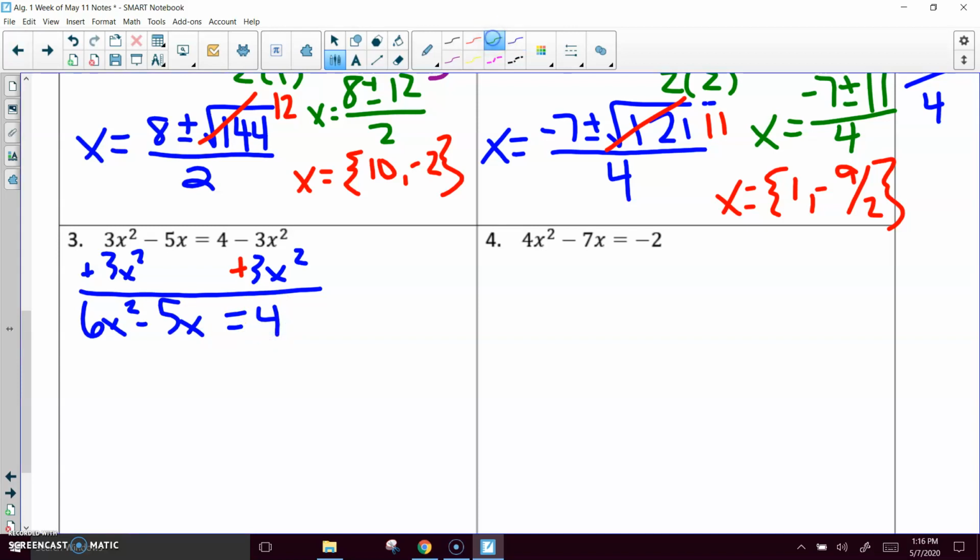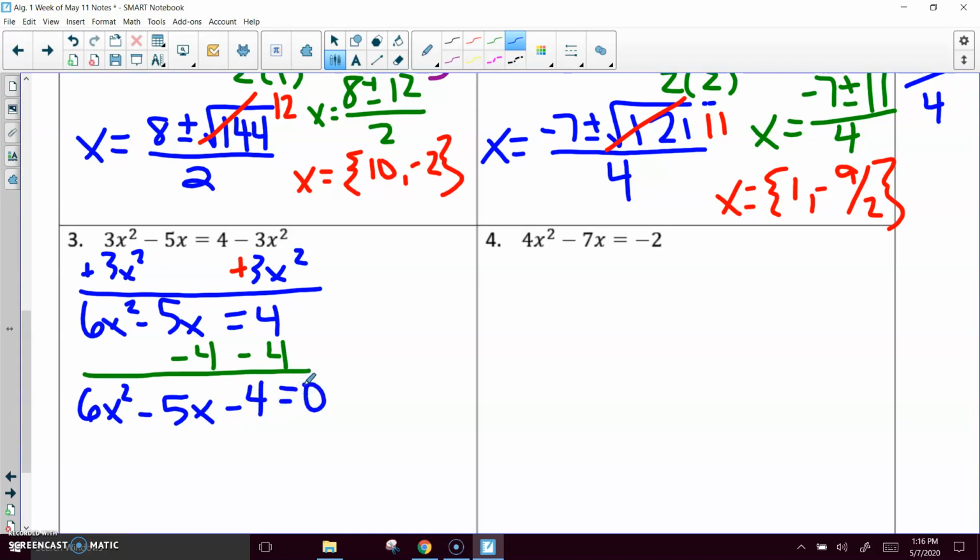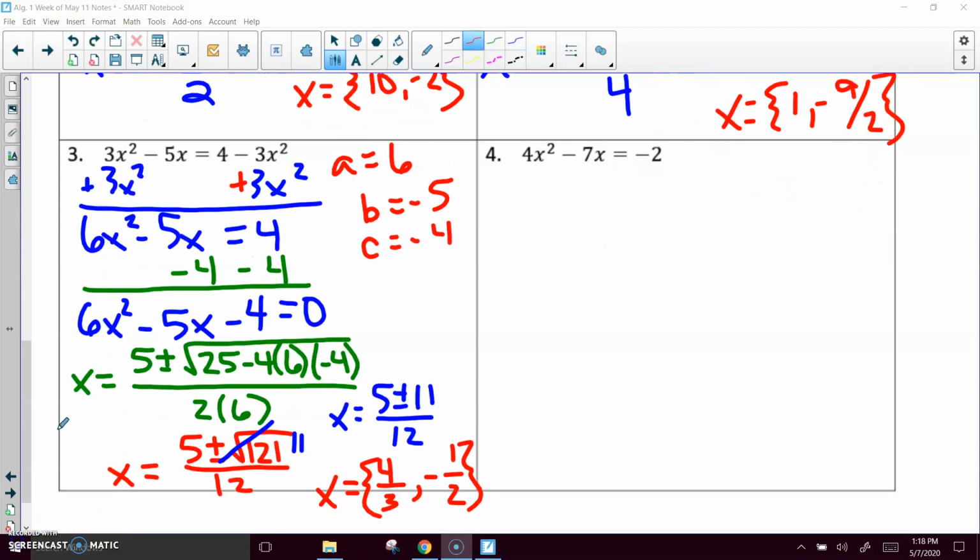And then I've also got to bring the 4 over. So let's subtract 4 from both sides. And that gives me 6x squared minus 5x minus 4 equals 0. Select pause and take it from there.